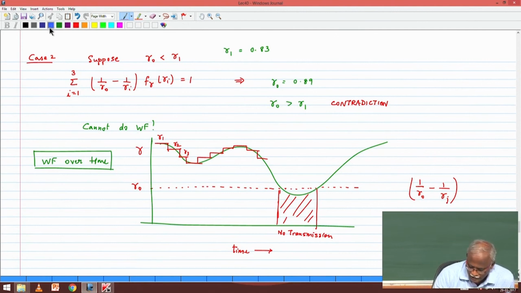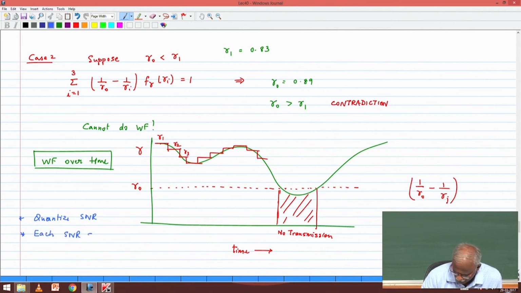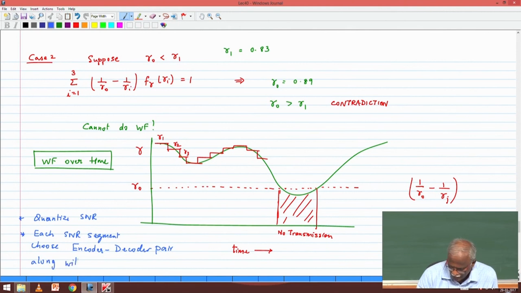So, the solution is to quantize the SNR values, and for each SNR segment, choose the appropriate encoder decoder pair, along with the optimum power allocation via water filling.